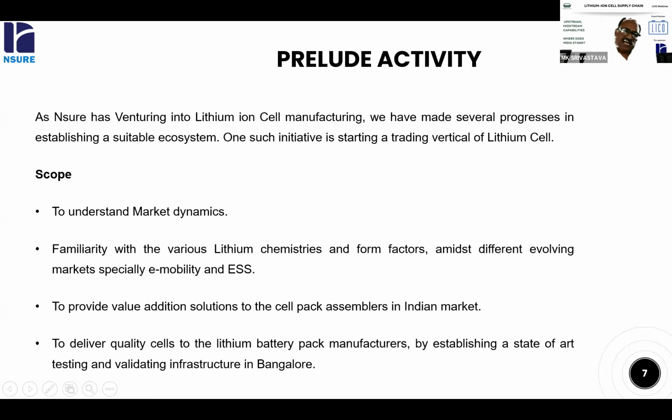Just to understand the market, in the last 1.5 years Ensure also took a shot at bringing in cells from Chinese manufacturers, to be aligned with the market and understand the requirements and how demand for various form factors and chemistries goes. So the idea was to import 18650, 32700, pouch and prismatic, but our focus was very clearly on quality cells, only the EV grade, as the popular word goes, from Chinese manufacturers.